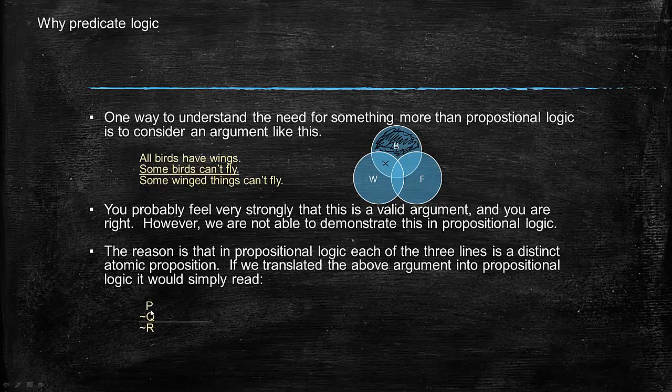So all birds have wings might be P, and some birds can fly would be Q, so some birds can't fly would be not Q, and then some winged things can fly would be R, so some winged things can't fly would be not R. But clearly, P, not Q, therefore not R, is invalid. So propositional logic fails us at this level.